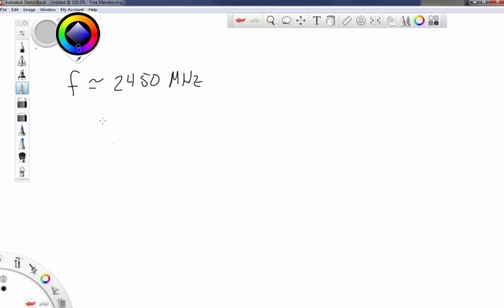So 2,450 megahertz means that we can say 2.45 times 10 to the 9 hertz.